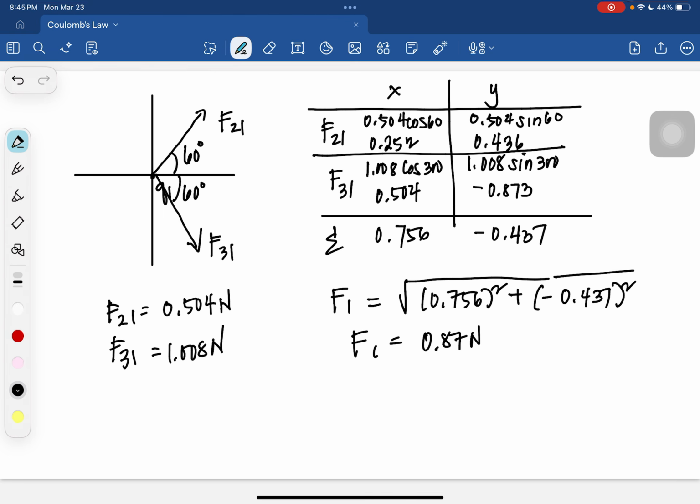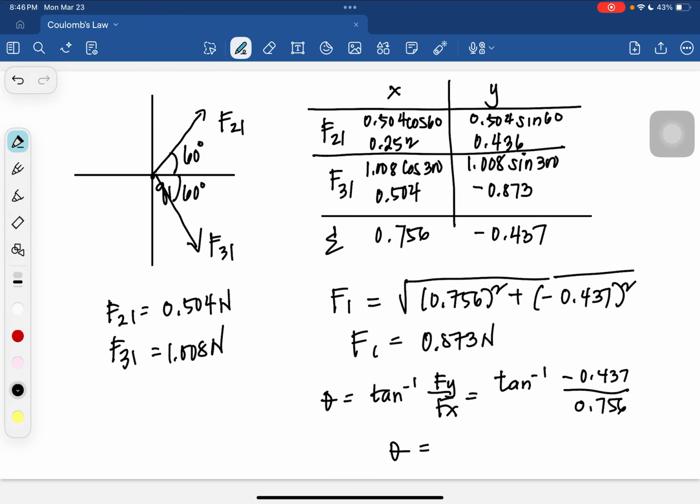If you can be consistent, let me just do that again. 0.873 newtons, so that we're using at least three significant figures. And we're almost done. Again, theta. Theta is tangent inverse of Fy over Fx. That's tangent inverse of negative 0.437 all over 0.756.